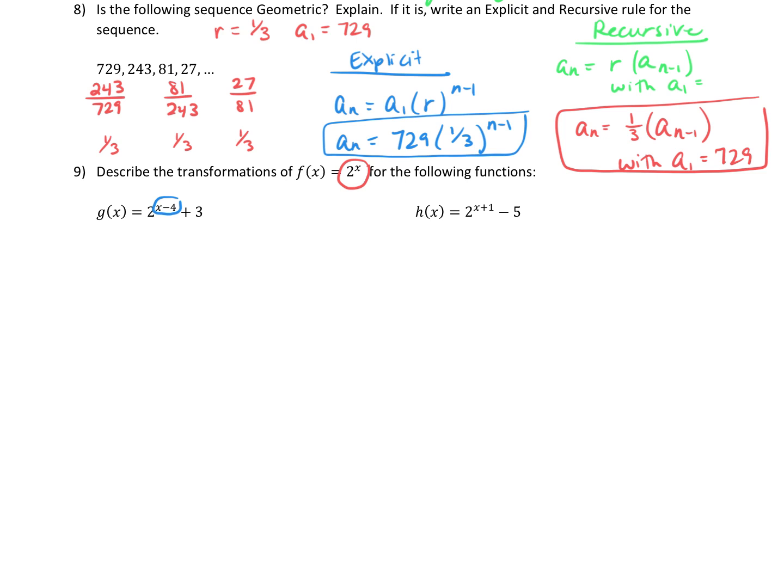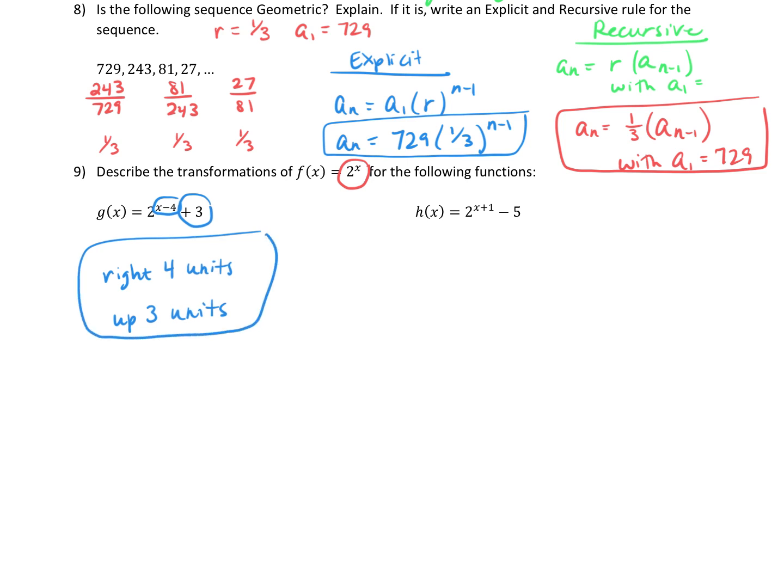It says x minus 4, so we're going to go in the opposite direction. We're going to go right 4 units. All right, we also are adding a 3 to the end of the entire function. Anytime you add or subtract numbers on the end like that, that's going to be a vertical shift, moving up and down. That plus 3, there's nothing tricky about that, so it's going to go up 3 units because it was positive.